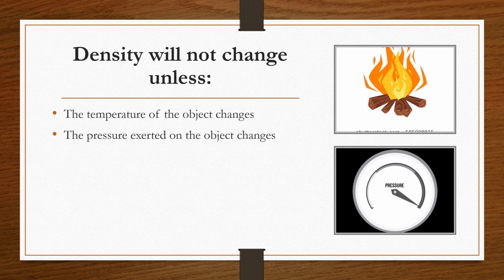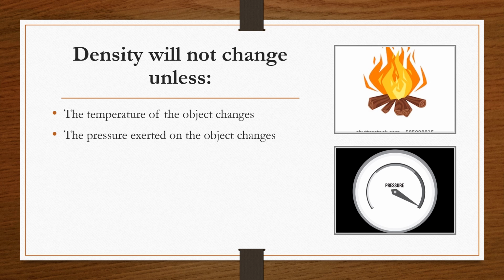So here we have the only reason that the density of a substance will change. Density does not change at all for any given subject or object unless the temperature of the object changes.